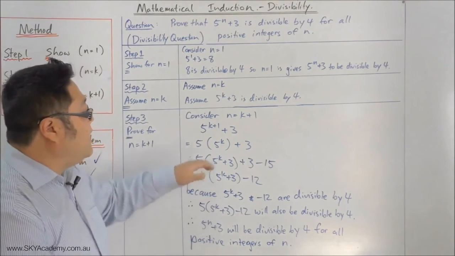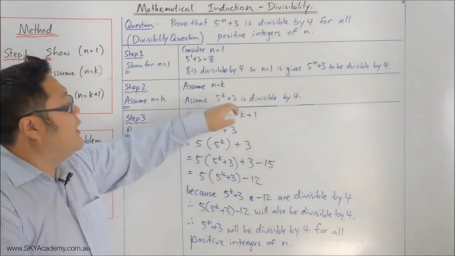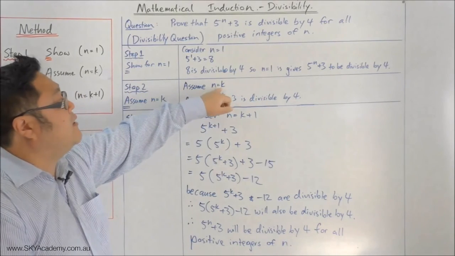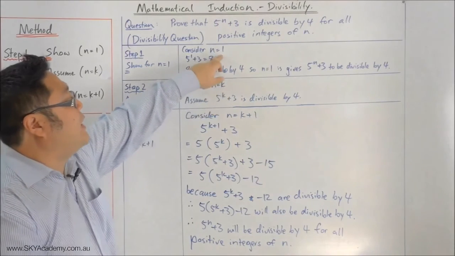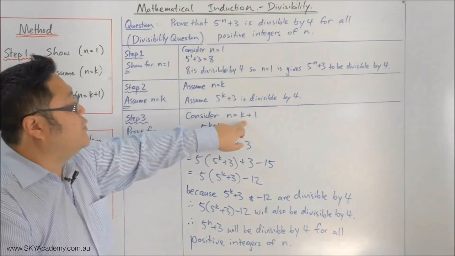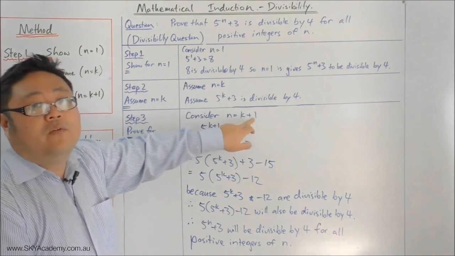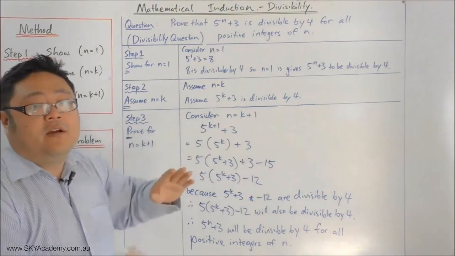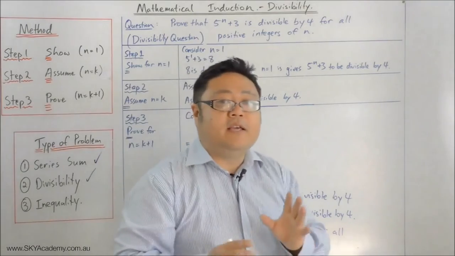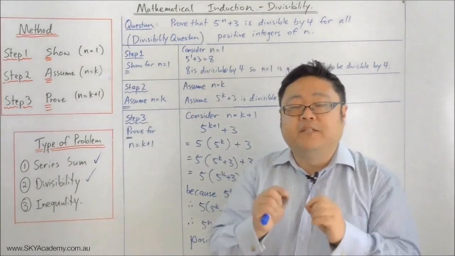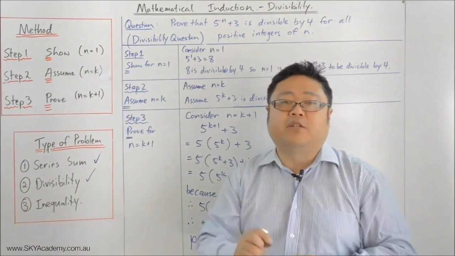Because if it's true for n is equal to k plus 1, and for n is equal to k, and for n is equal to 1, then it's true for 1, 2, 3, 4, 5, 6, 7, 8, 9, 10, etc. So that is how we do a divisibility type mathematical induction problem.